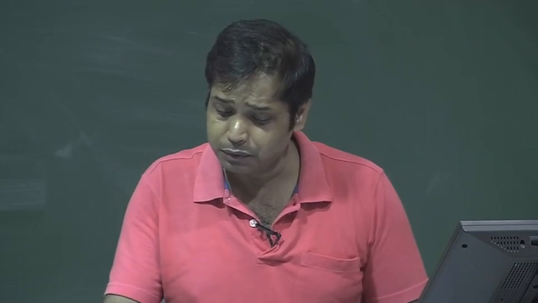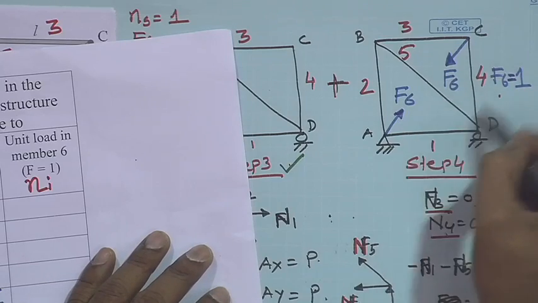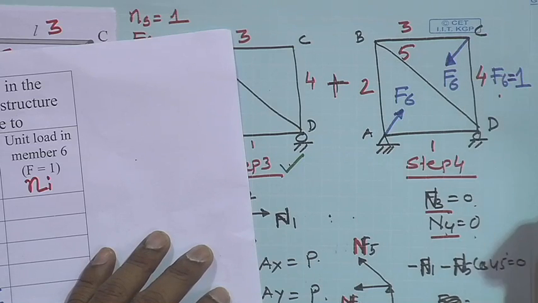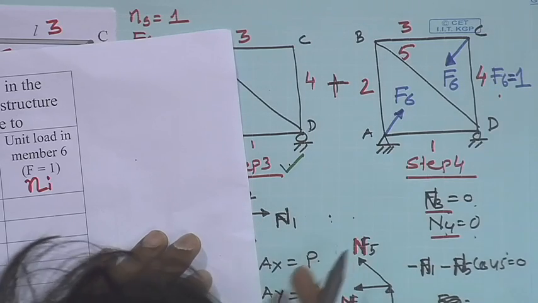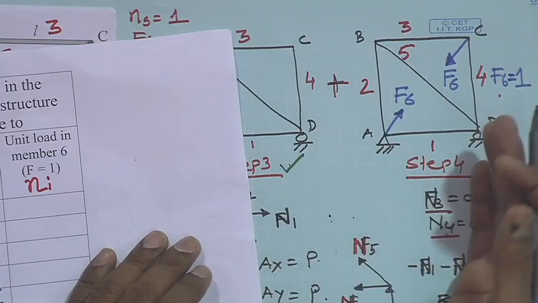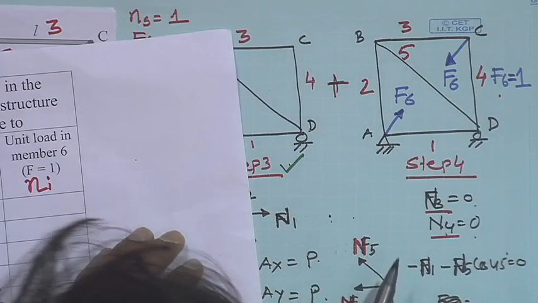If we know the forces due to unit load, we can easily find the forces due to any load by multiplying the corresponding member forces. That is the unit load method we discussed some time back.